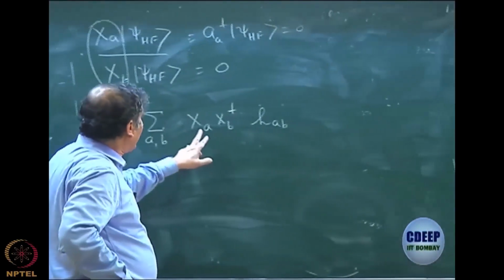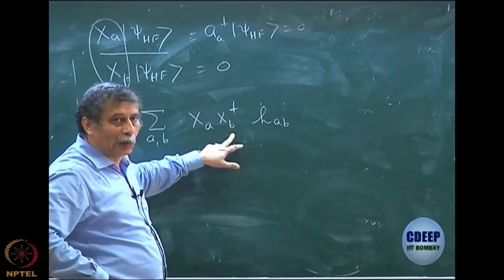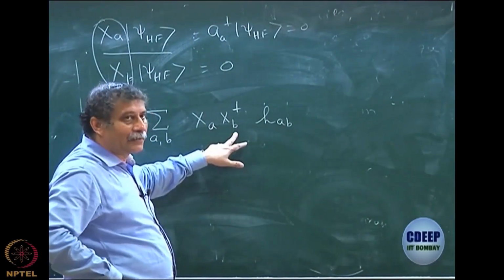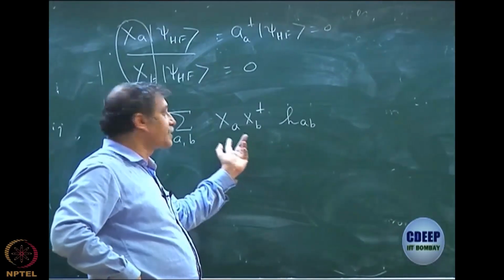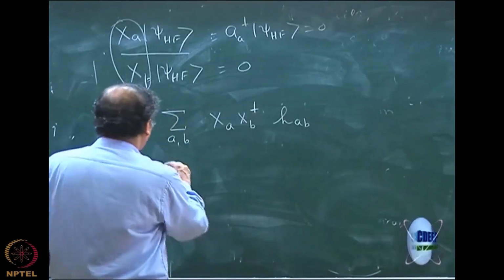So basically, I and J both are whole. They were AI dagger AJ, but because they are whole, in terms of X operators, they have changed. It has become XA XB dagger, correct?